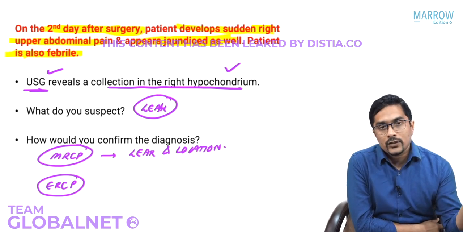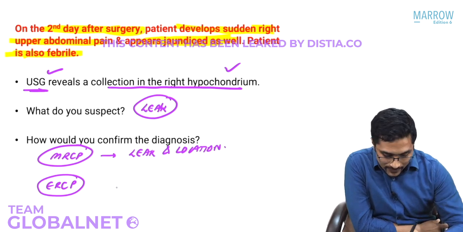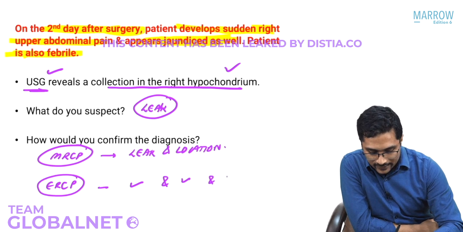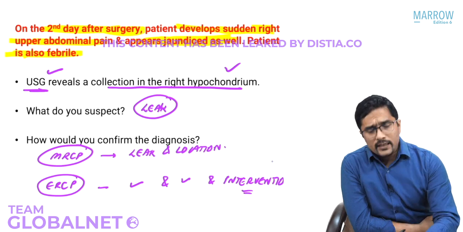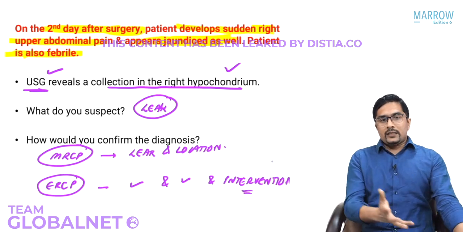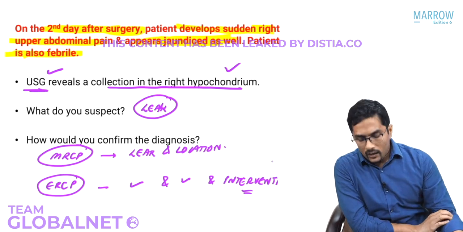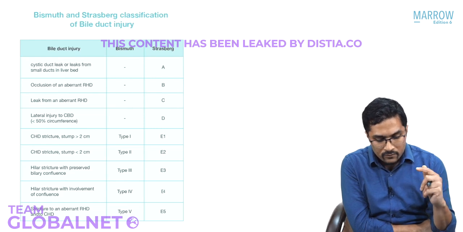You can't do an intervention, right? ERCP will tell me about the leak and the location, and intervention can also be done. This is a debatable issue, but most gastroenterologists tend to prefer doing an ERCP. If not, you can do an MRCP to confirm the diagnosis.